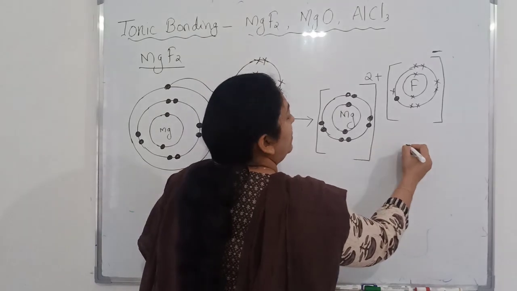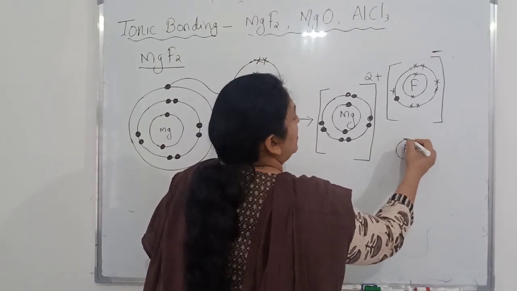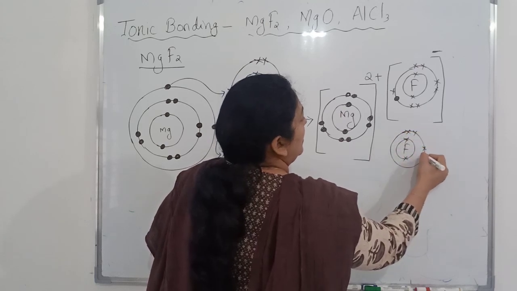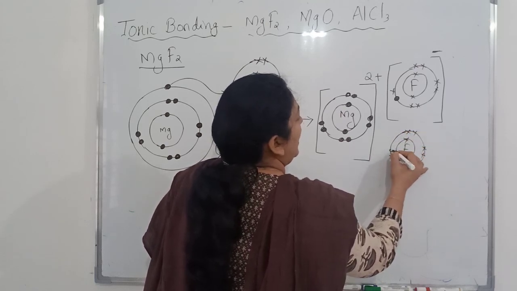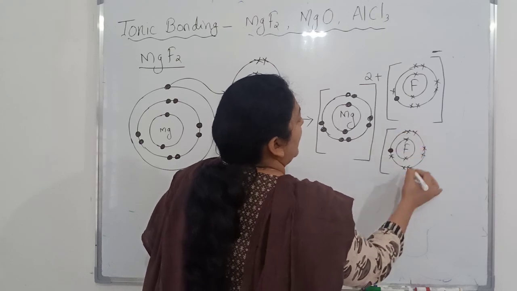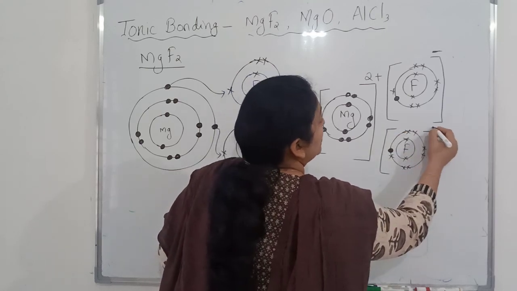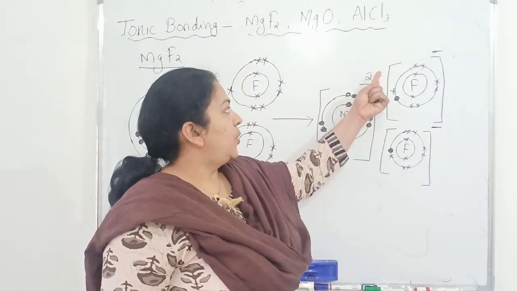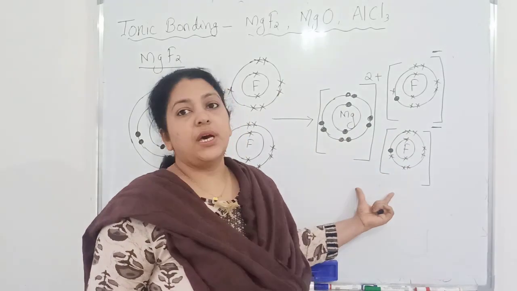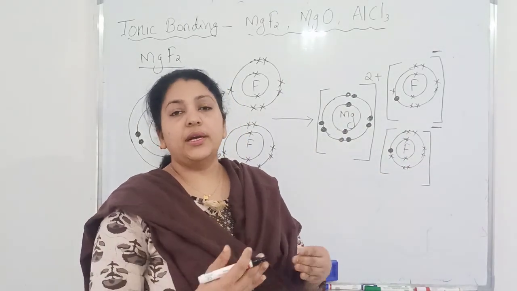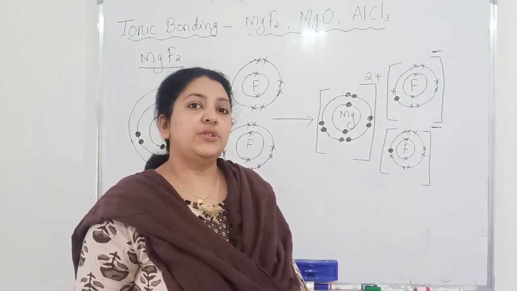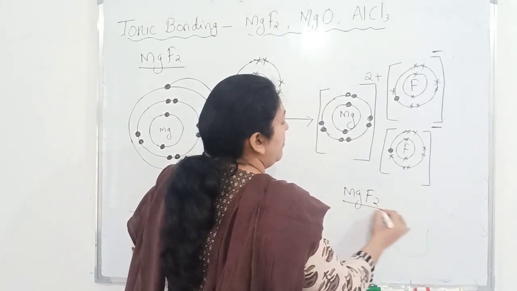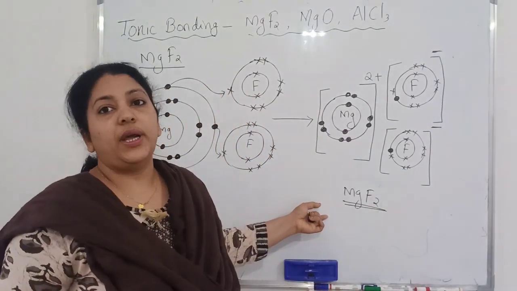And here also fluorine, 4, 5, 6, 7, and 1 electron from magnesium. This fluorine also gained 1 negative charge. So what happened? Total 2 positive and 2 negative charges. So they will attract each other, making a strong bond between them, and which is magnesium fluoride. Ionic bonding in magnesium fluoride.